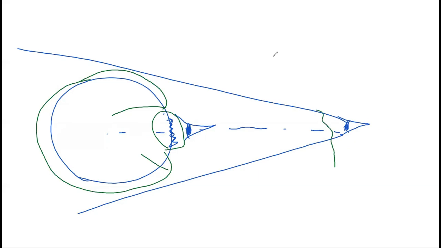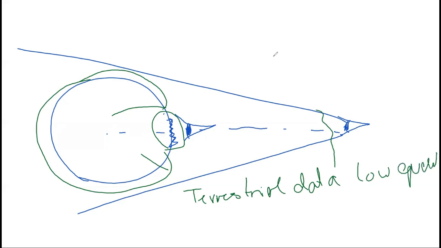So this means that the terrestrial data are low quality in long wavelengths.